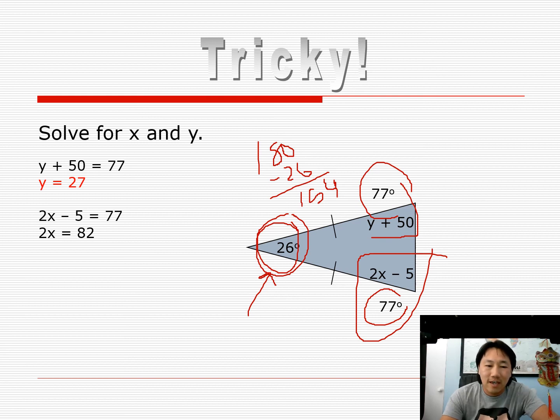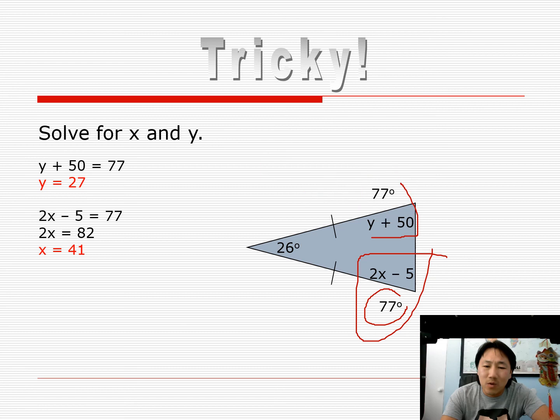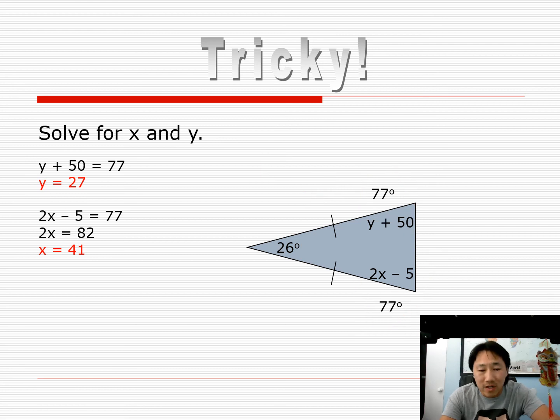You should get x equals 41. That was a little bit tricky, because there were a lot of ways to set it up but only one way that would work. All the other ways, even though they're correct, don't help you solve the problem.